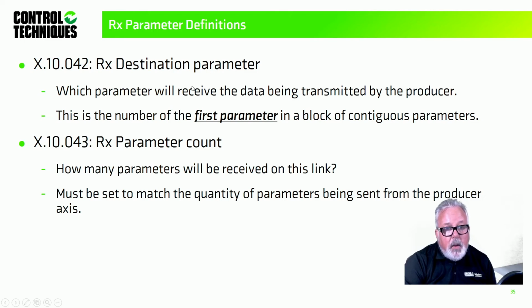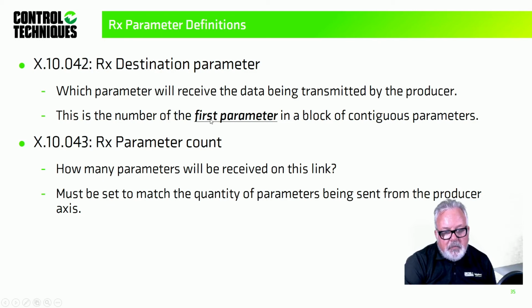If there's more than one message coming on the link, then you flag here the first parameter number in the block of contiguous parameters that are going to receive that message link. So if I'm sending 5 messages from 1801 in the transmitter, I'm going to need to receive 5 messages in the receiver.